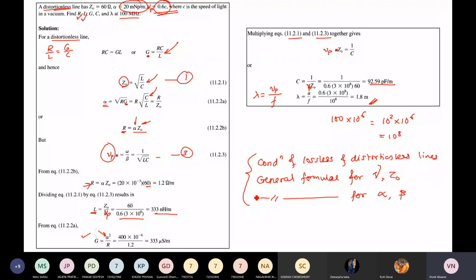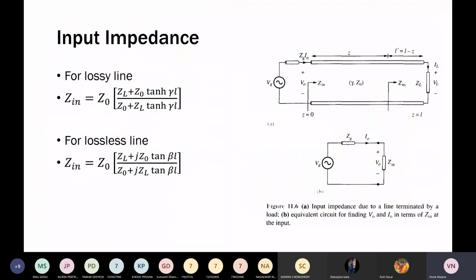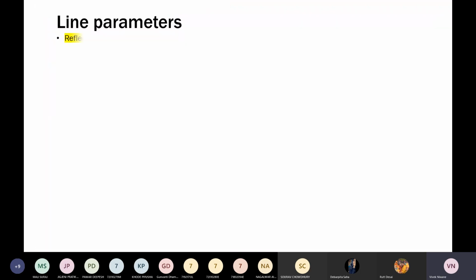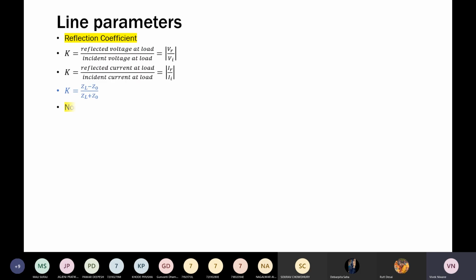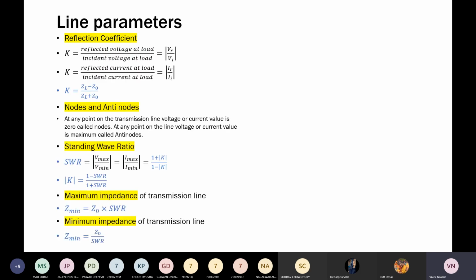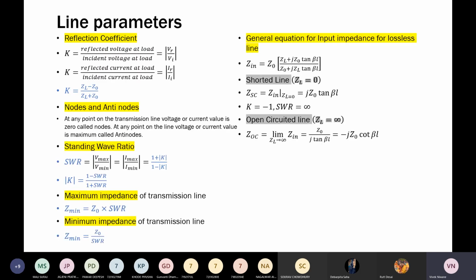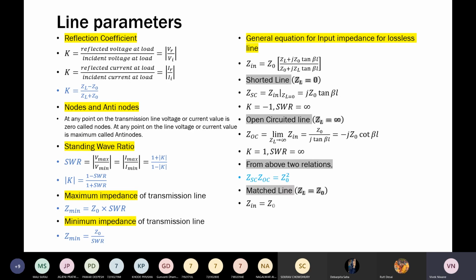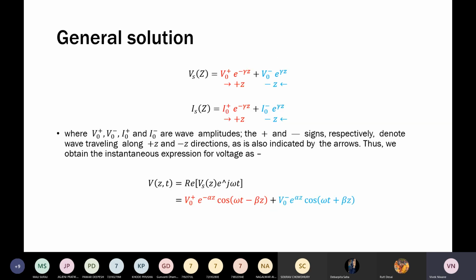In the next session we will see input impedance, and we need to discuss a few more parameters, those for the sake of definition and solving the numericals. And this is very important, the general solution. We need to discuss this slide.